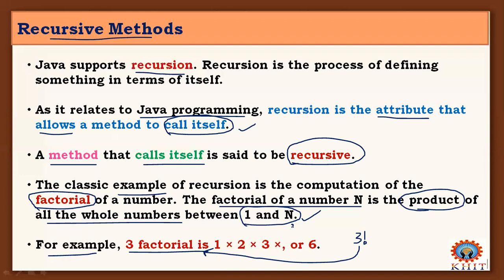Now n is 3, so we take the values 1, 2 and 3, and take the product 1 into 2 into 3, whose value is 6. So 3 factorial is equal to 6. This is the way we find the factorial of a given number.